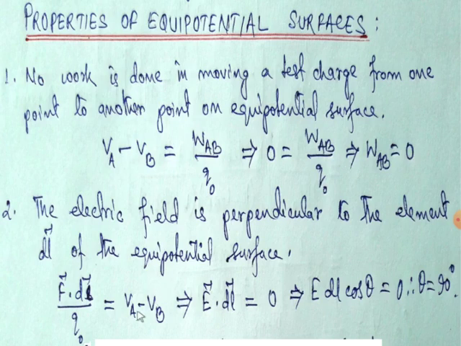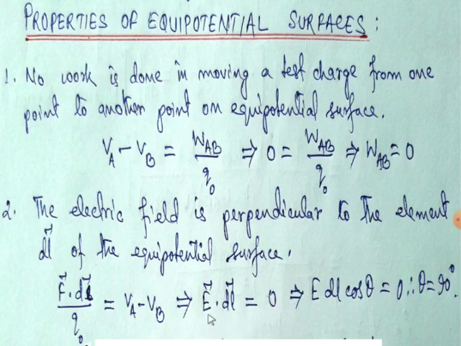As these two points are on the same equipotential surface, the potential at A and the potential at B will be the same, so the difference will be 0. Force per unit charge is known as electric field intensity, so E dot dl is equal to 0.